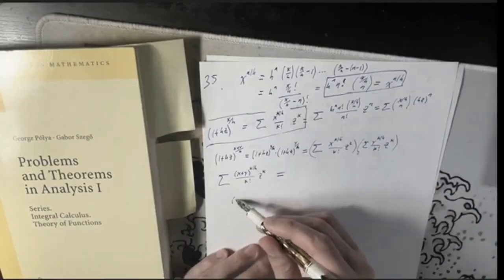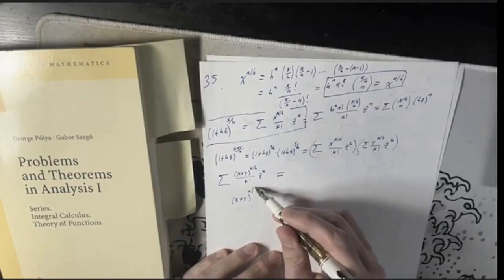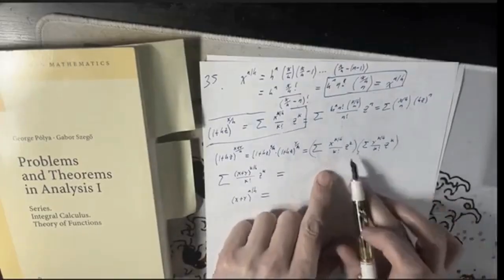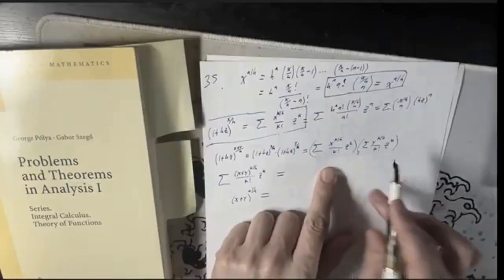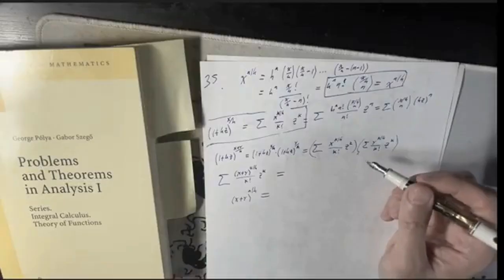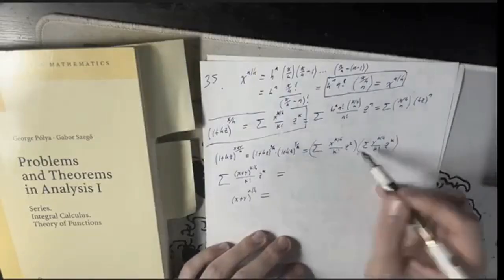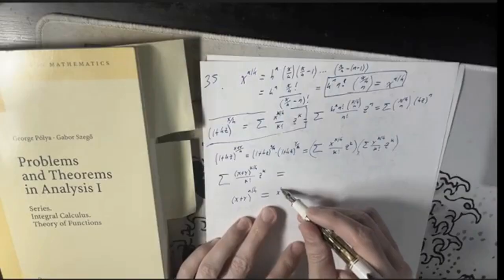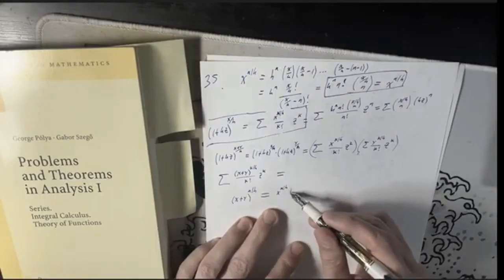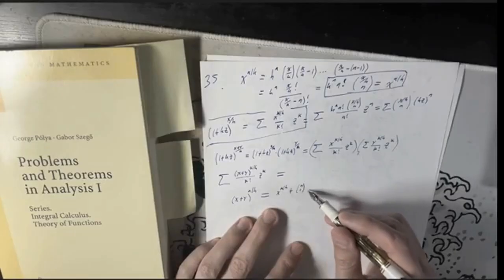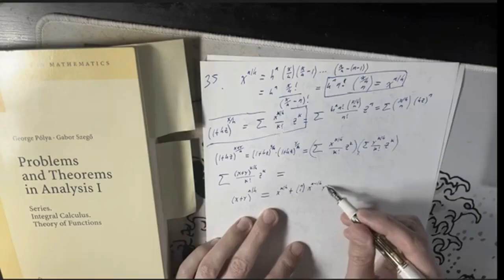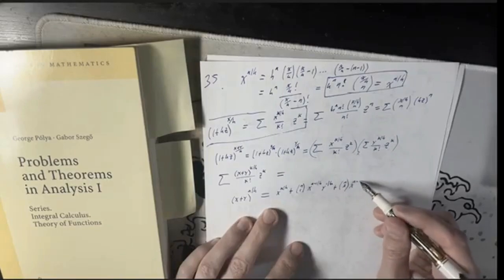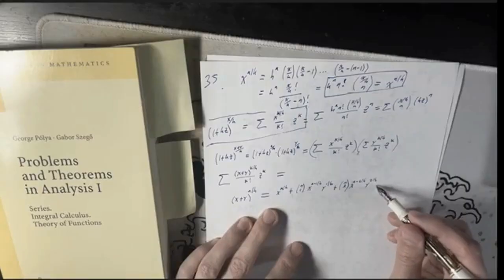So a formula for, say, the nth coefficient of that series on the left would be given by whatever formula you might have for the nth coefficient of a product of series like this, which in our case is x to the nh plus n choose 1, x to the n minus 1, h y to the 1, h plus n choose 2, x to the n minus 2, h y to the 2, h, yada yada.